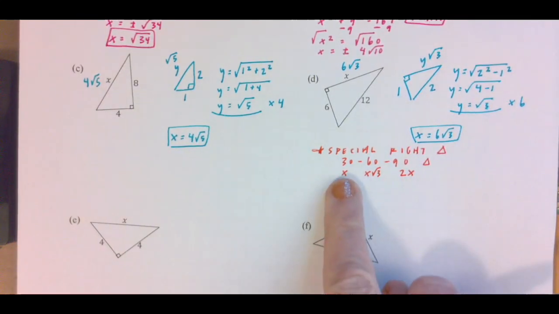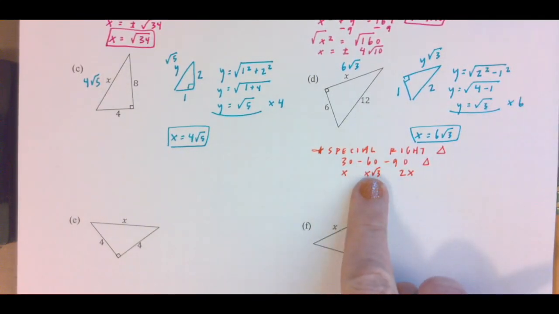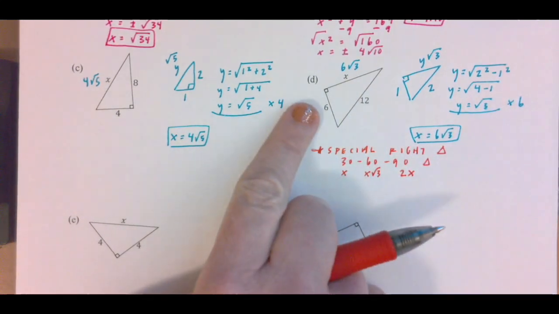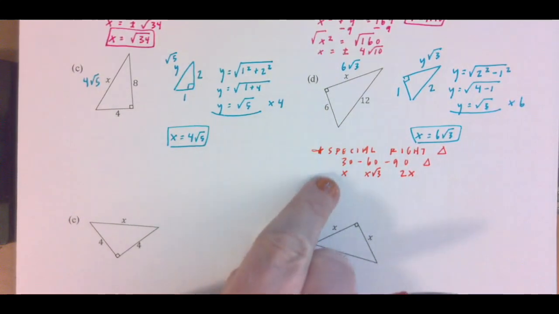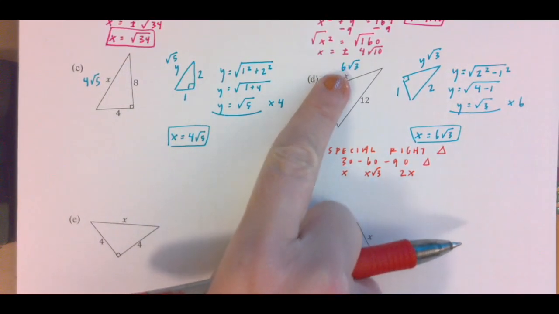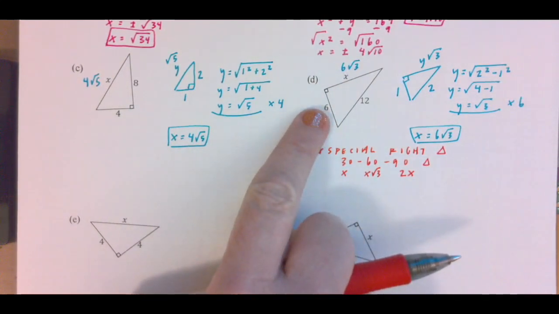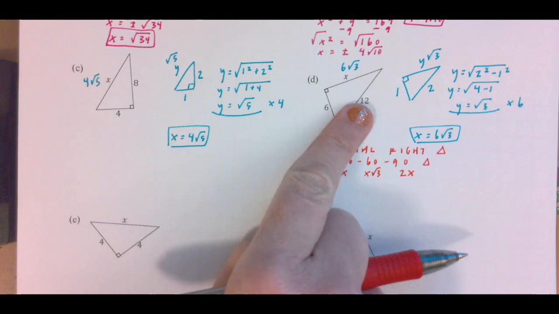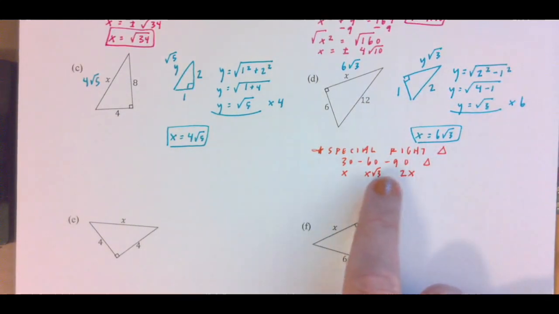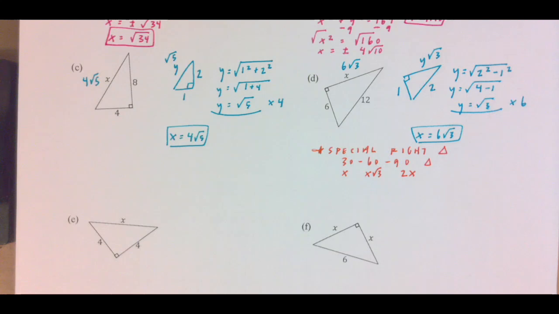So if I had a short leg of 1, this would be root 3, this would be 2. In my example here, this is my short leg, 6, multiplied by root 3, there's my longer leg. Take the short leg and double it, there's my hypotenuse of 12. It fits the pattern. We're going to deal with this one in the next few days again.